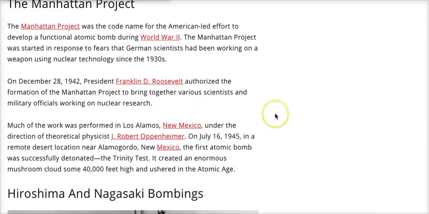So July 16th, 1945, Trinity test, first successful detonation of atomic weapon, spelling things correctly, in New Mexico. This is also from source A.